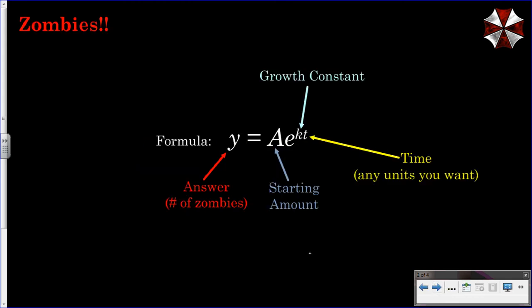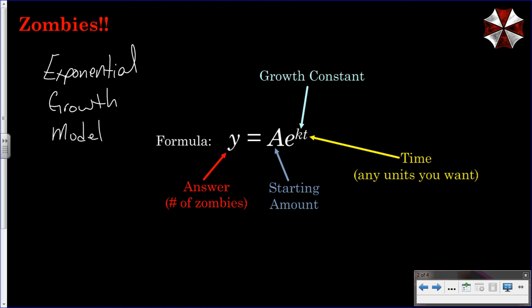Alright, first of all, we need the formula for zombies, which is our exponential growth model. The formula for our exponential growth model is y equals a times e raised to kt.